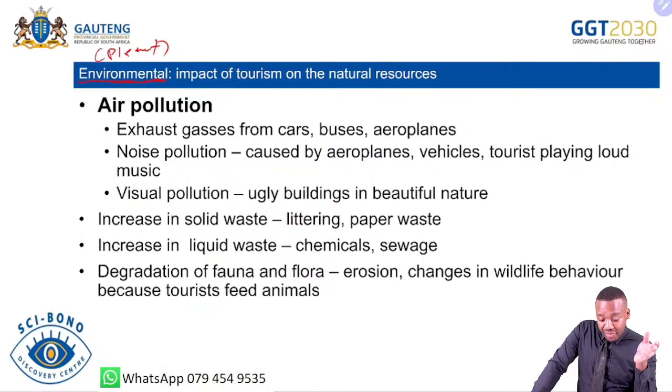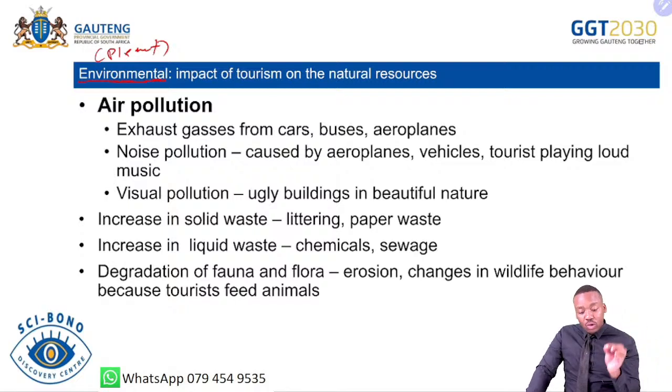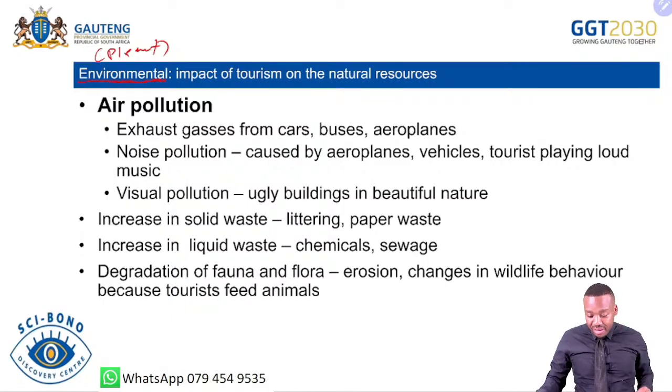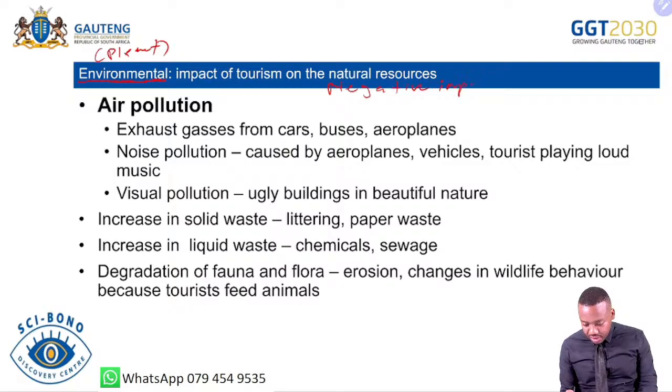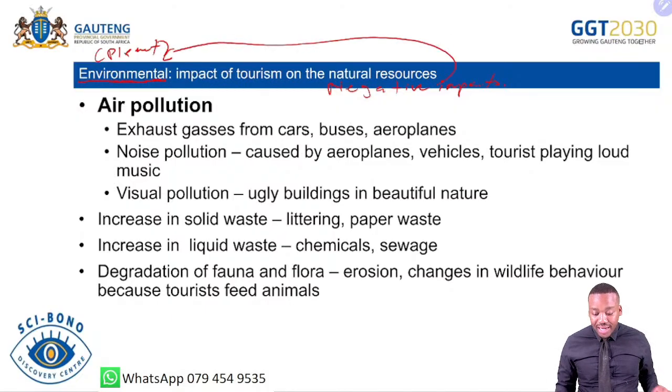Remember, when we are driving our cars, they release what? Gases. So exhaust gases from the cars, buses and aeroplane, they contribute towards what? Air pollution. So this is the negative impact. Remember, we're talking about the environmental impacts.